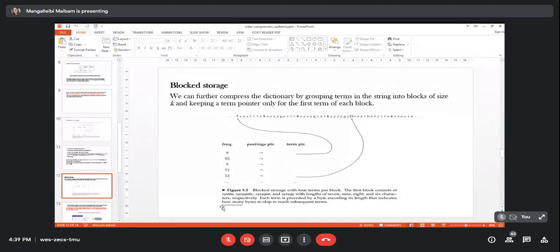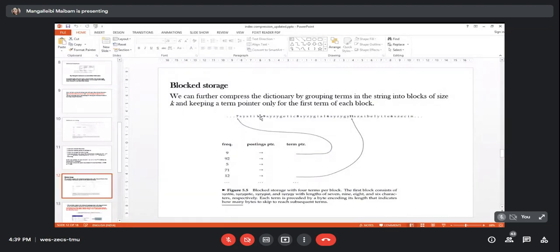Next, each term is preceded by a byte encoding its length, which indicates how many bytes to skip to reach subsequent terms. You can see the pointer here, 7. Before systile I am writing 7, which indicates how many characters that particular term has.